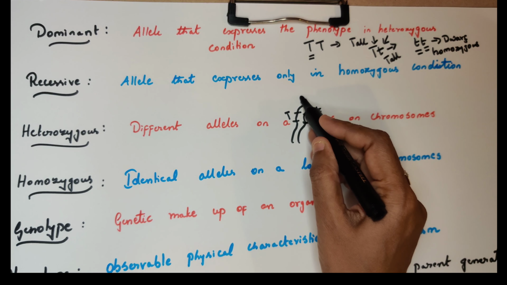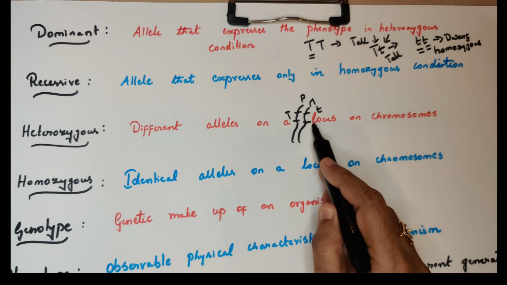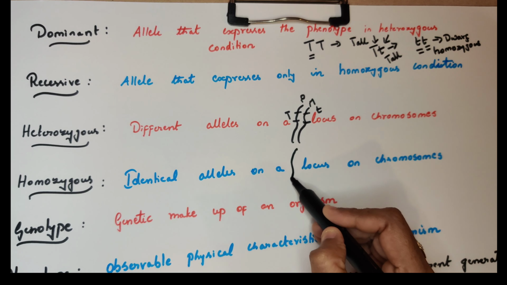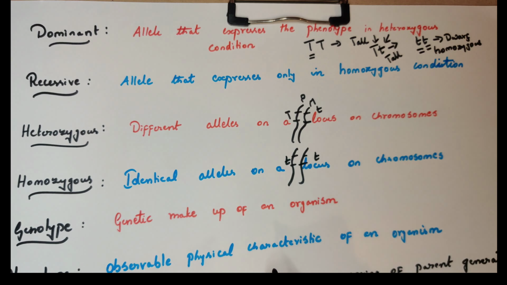This is the paternal chromosome, this is the maternal chromosome. If you have this kind of arrangement, it is called heterozygous. If you have small t and small t, or capital T and capital T on both sides, it is homozygous condition. If the alleles, that is the contrasting characters, are the same, then it is homozygous. If the contrasting characters are different, then it is called heterozygous condition.